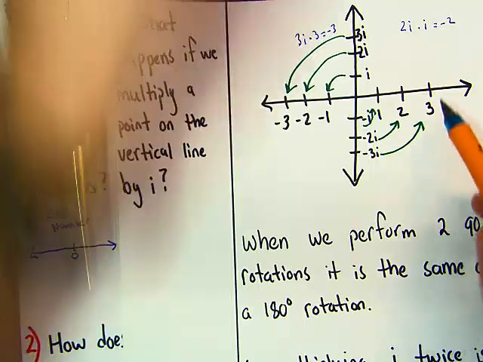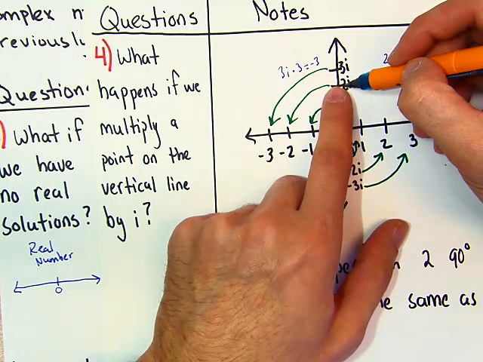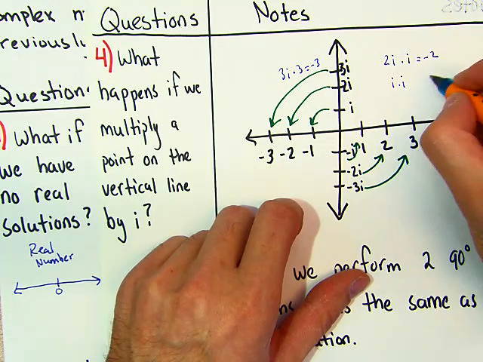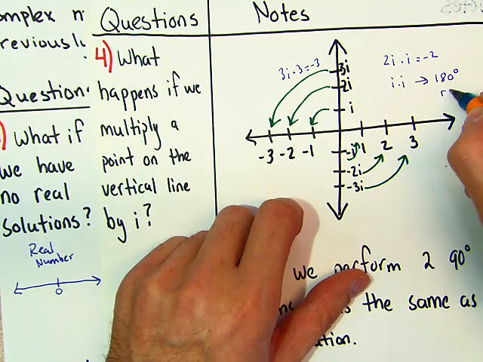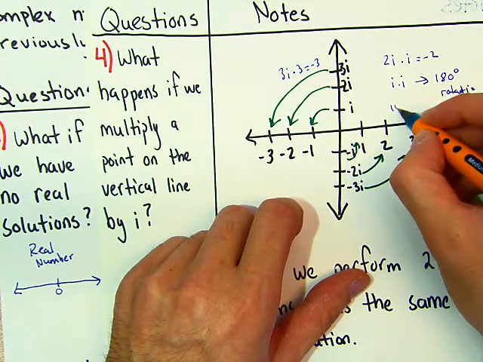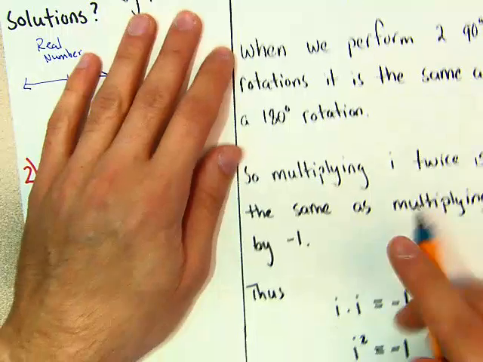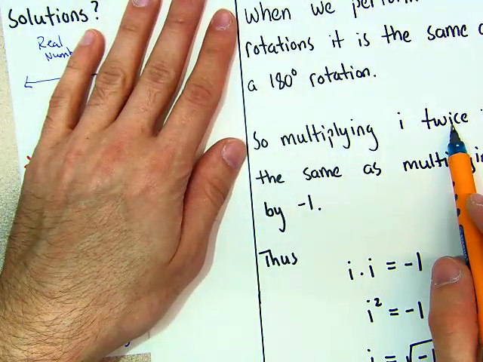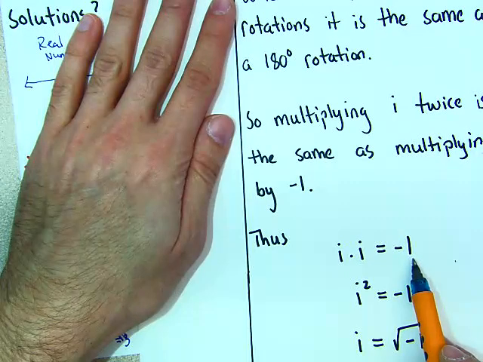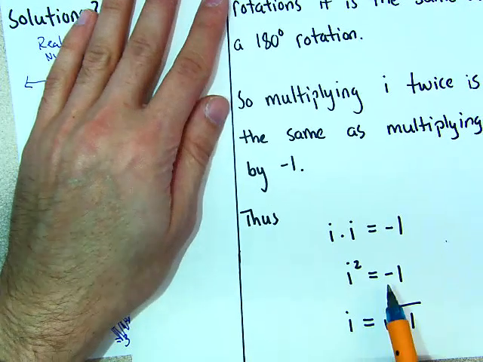But notice that multiplying by i twice is 90 plus another 90, so i times i gives you a 180-degree rotation. And a 180-degree rotation is the same as multiplying by minus 1. So i times i has to be the same as minus 1. That means i squared is equal to minus 1.